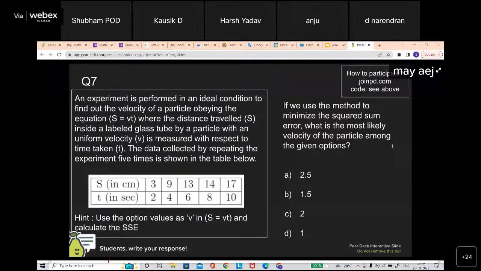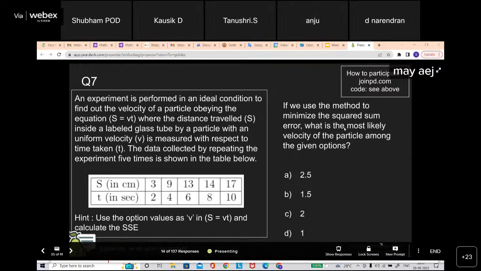Yes. Sir, I also have a doubt in activity question number 5, the fifth activity. Okay, let's discuss this one, let's finish this.